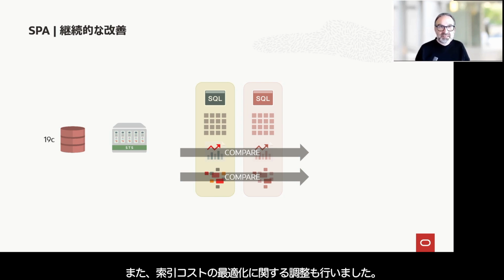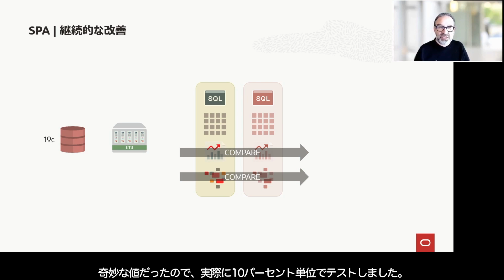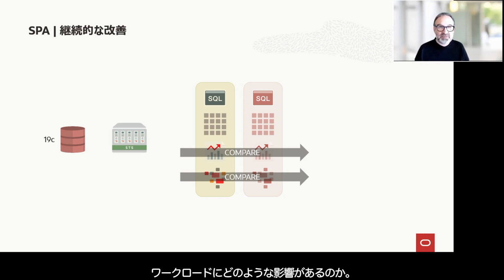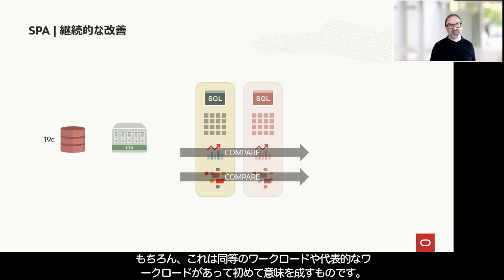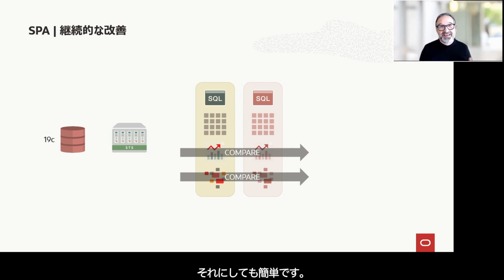We tested tweaks on optimizer index cost adjust because it had a strange value. We tested really in 10% steps what the effect on the workload is. Of course, this makes only a lot of sense when you have comparable and representative workloads. But it's such an ease.